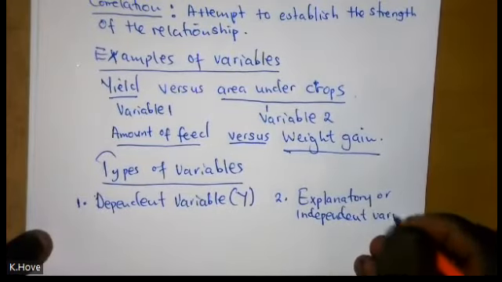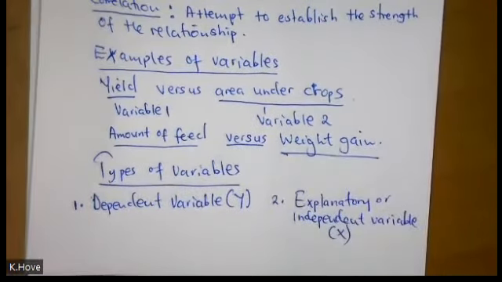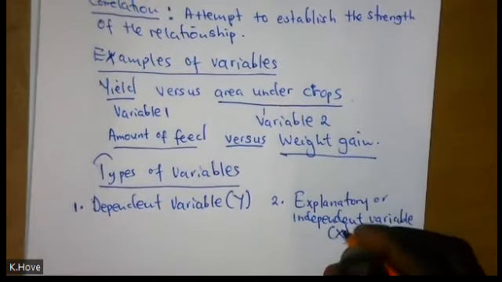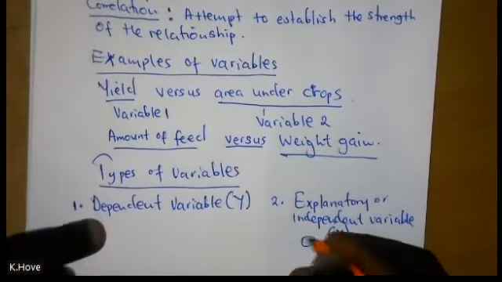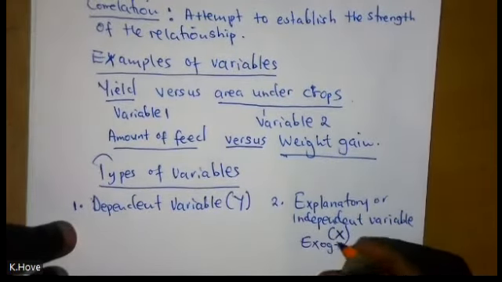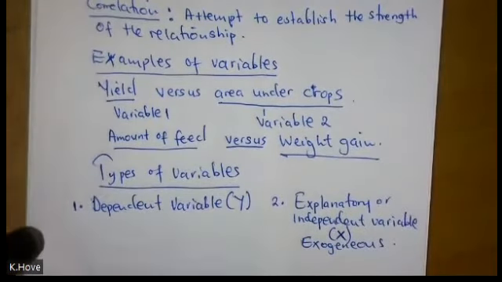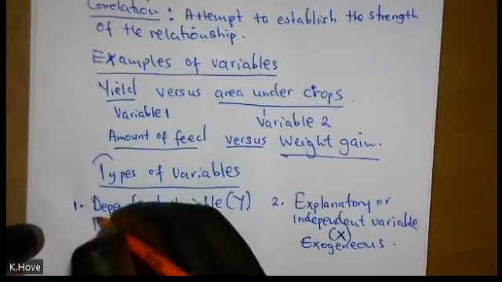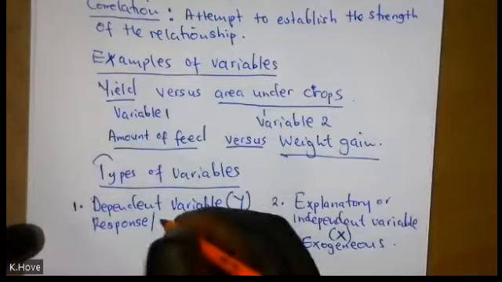This independent variable is denoted by x. In economics, they call this explanatory or independent variable an exogenous variable, whereas the dependent is called the response or simply an endogenous variable.